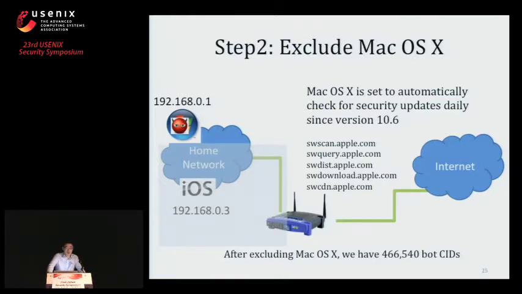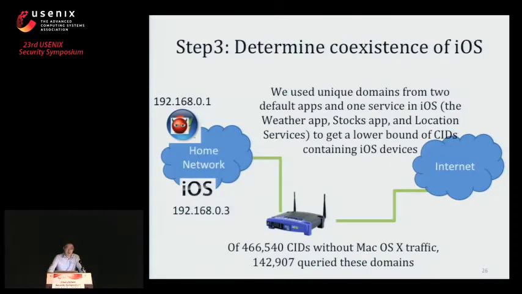Since version 10.6, Mac OS is set to automatically check for security updates daily, and we identified the domain names for the security updates. So we checked whether that IP address queried those 5 domain names in a day. If so, we believe that there is a Mac OS machine, and in that case we exclude that IP address from our experiments. The third step is to determine the coexistence of iOS devices as well as infected Windows machines.